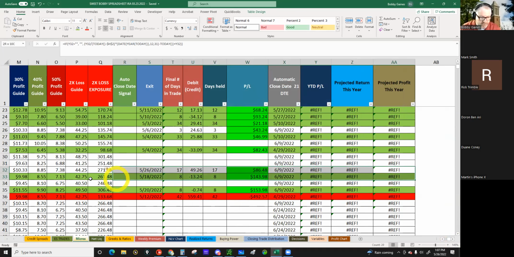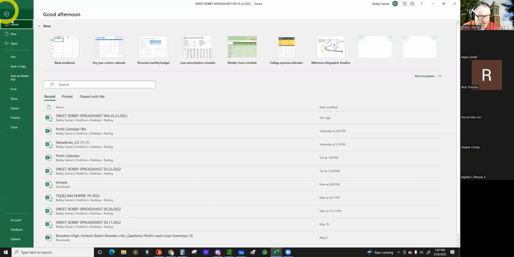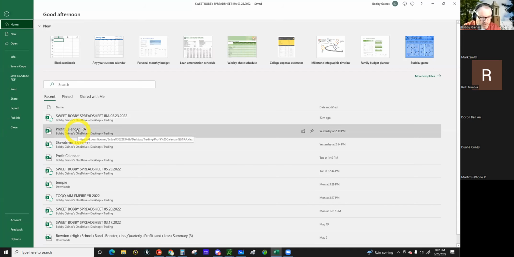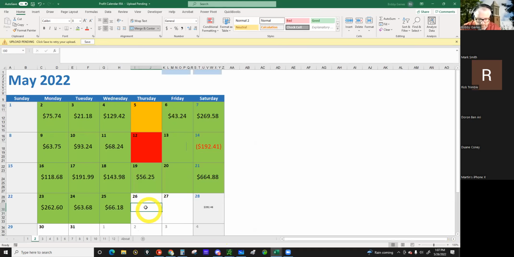Take this puppy down. 86.48. Boom. Now let's get our profit calendar. And y'all correct me if I'm wrong, but it's 86.48, right? 86.48 is our profit.